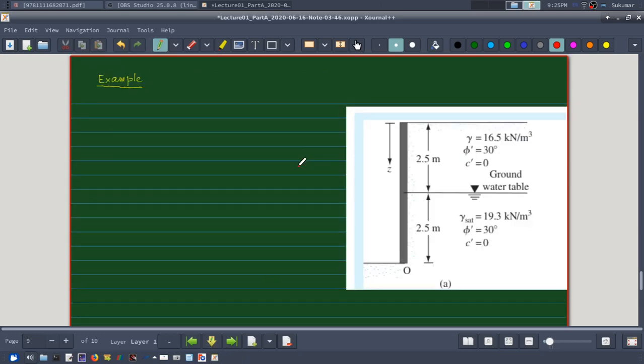Now let us take up this example. Let us find out the active earth pressure behind this wall.